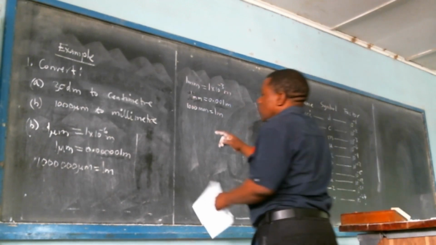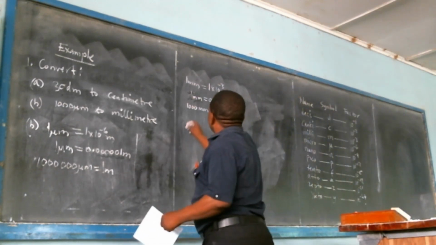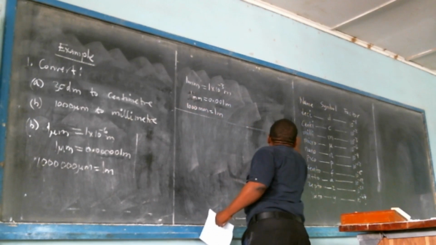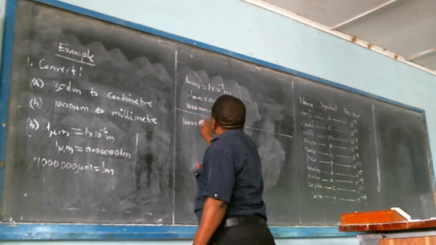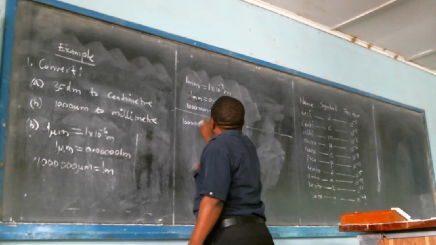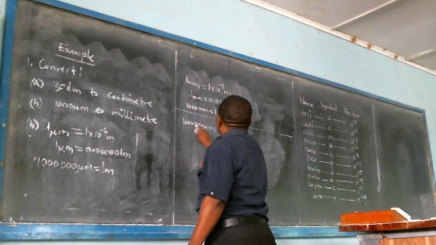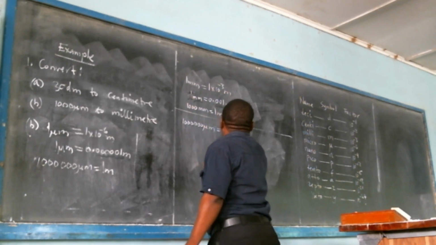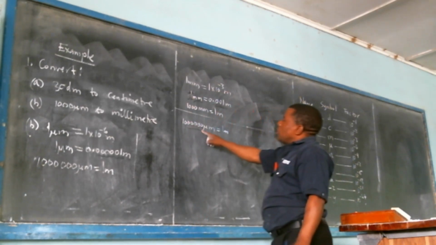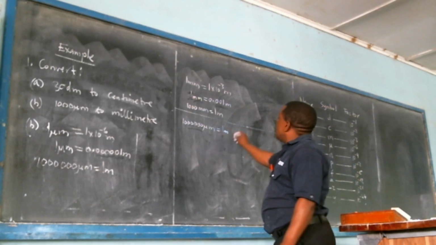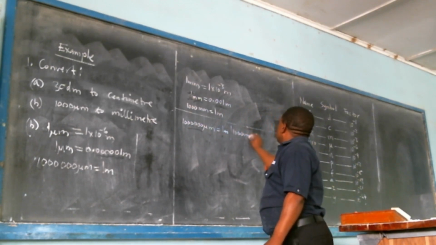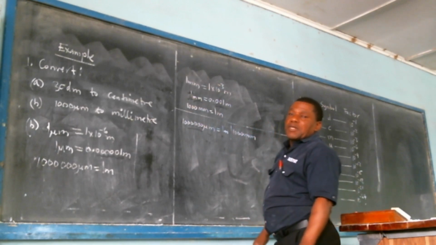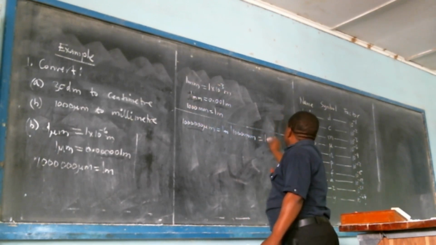Therefore we are now going to compare these two. We have 1 million micrometers to give us 1 meter. On the other hand, we have 1,000 millimeters to give us 1 meter.